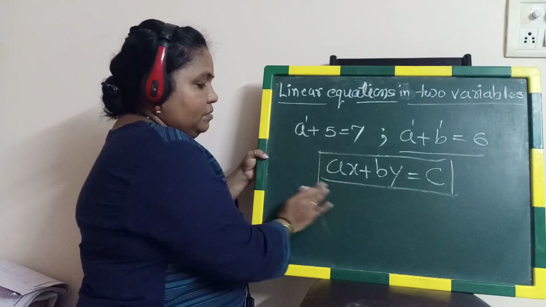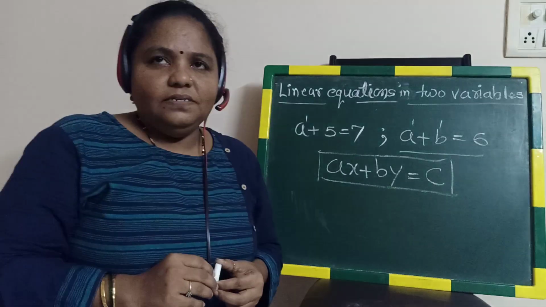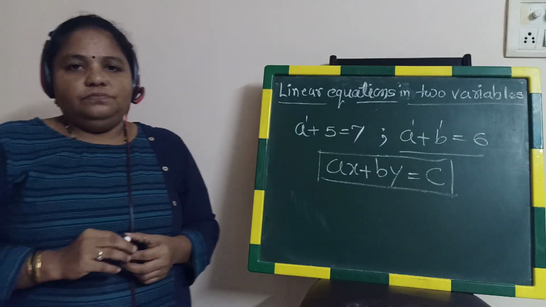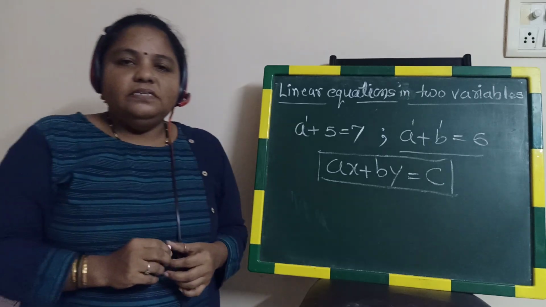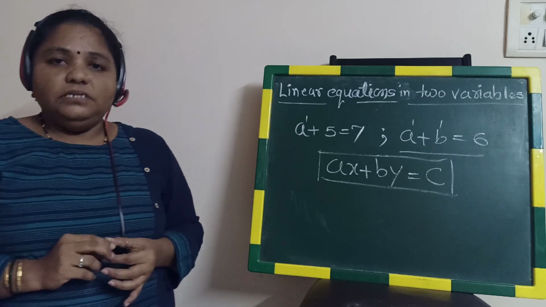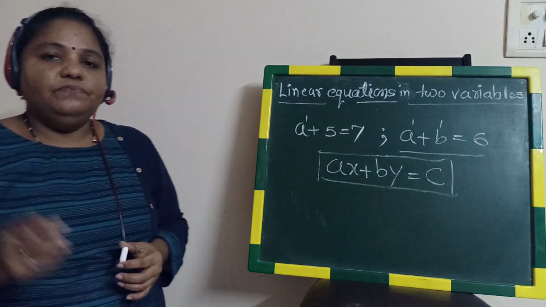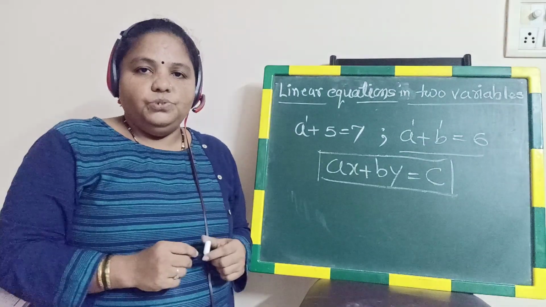So now there are so many methods to solve simultaneous equations. First of all, what is the concept of simultaneous equations? Two linear equations we can call simultaneous equations of each other when those two equations have a common solution.